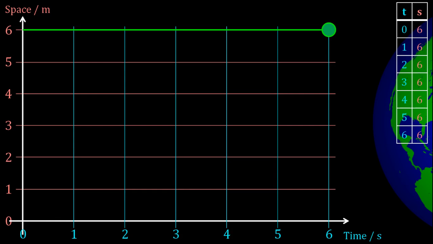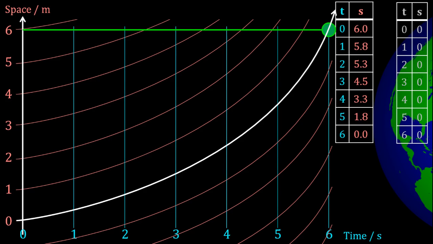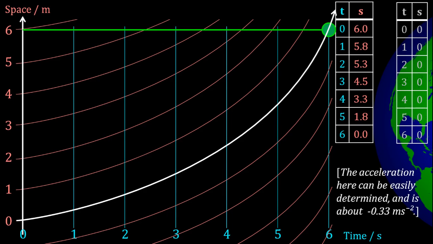With its space-time axes warped, our graph now looks something like this. As before, the object follows the same straight line, but if we read off the displacement values, they are changing. The object is now moving, not just with a constant velocity, but it's accelerating towards the planet. This acceleration is what we call gravity.